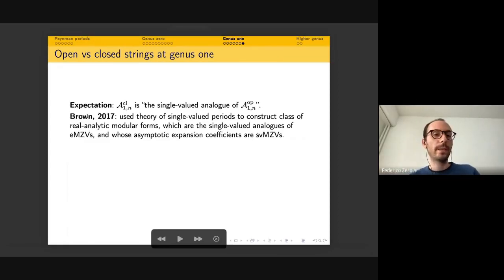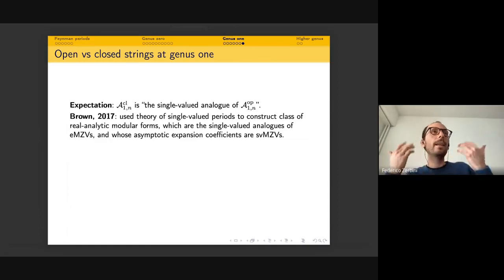What is more concrete is the following fact. Francis Brown in 2017 used his theory of single-valued periods to construct a class of real analytic modular forms which are single-valued analogs of the elliptic multiple zeta values, and whose asymptotic expansion he proved to be constituted by single-valued multiple zeta values.